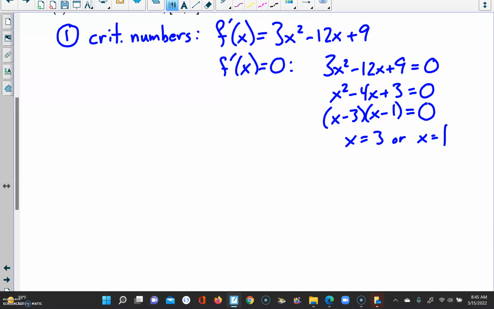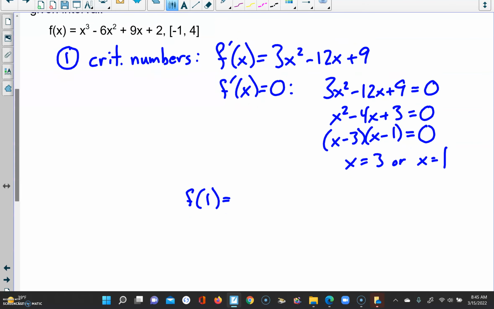And we'll go ahead and find the y values at those critical numbers. So you plug in 1 into the original function. So we've got to go back up here to the original function, and we'll have 1 cubed minus 6 times 1 squared plus 9 times 1 plus 2.